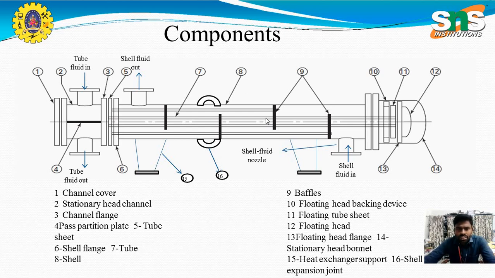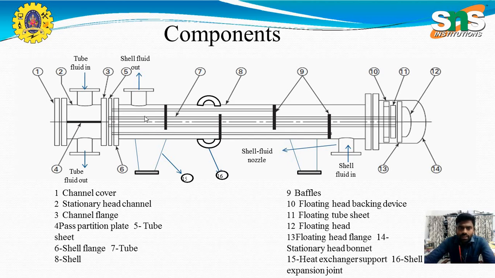It gives support to the tubes presented inside the shell, and as we see here, the baffles are placed in alternating directions. Once they are placed in opposite directions continuously, they change the direction of the fluid flowing outside the tubes, called the shell side fluid. Here we have two types of fluids: one flowing inside the tubes, and another flowing over the outer surface of the tubes.